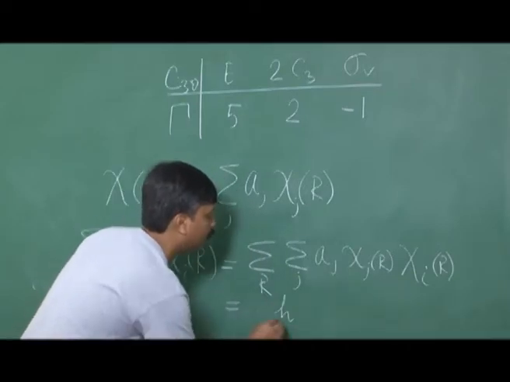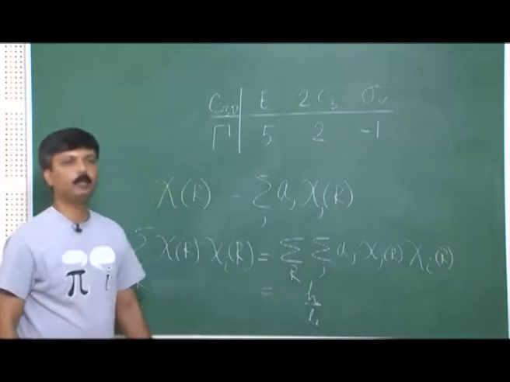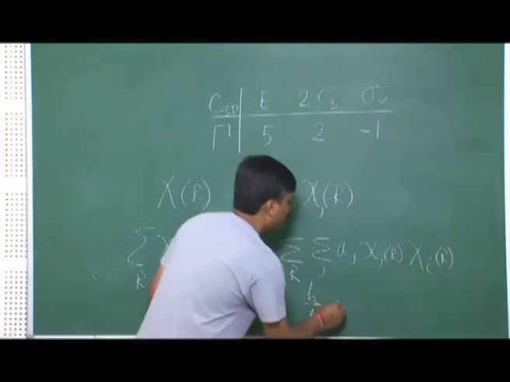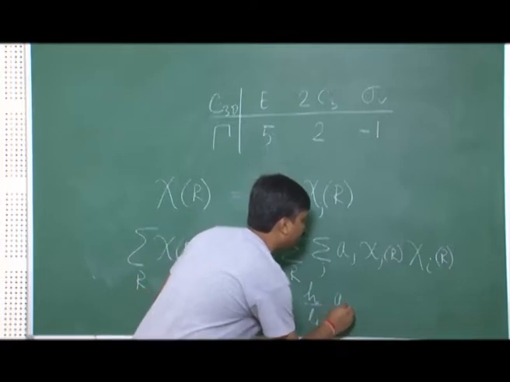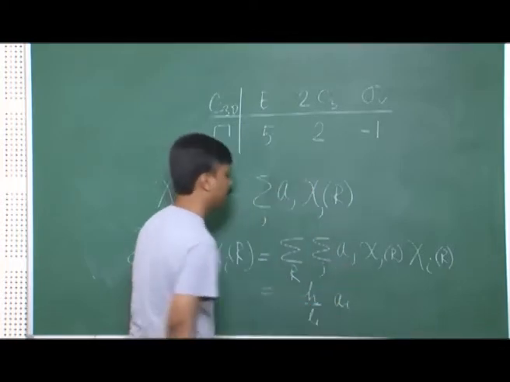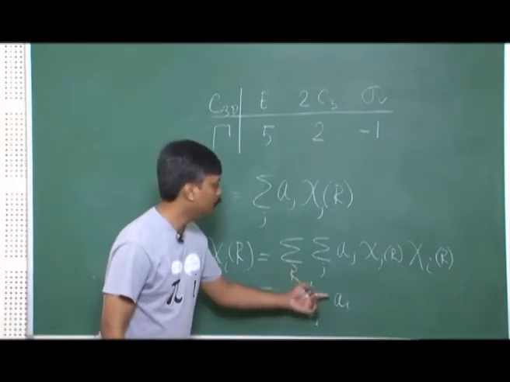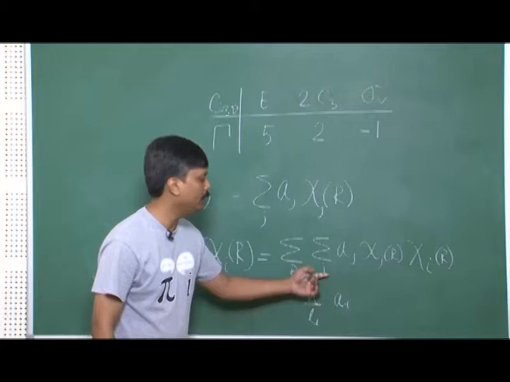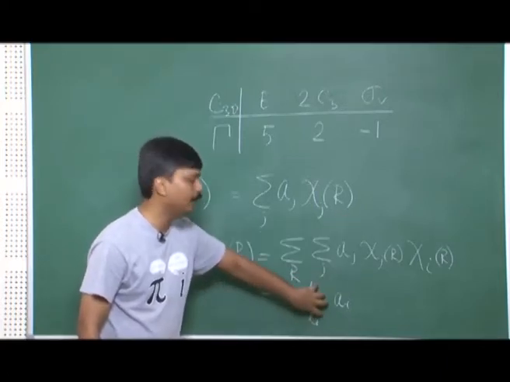h over the dimension li into Ai, right. Because when j equals to i, then only this part can survive and can give this value h by li.